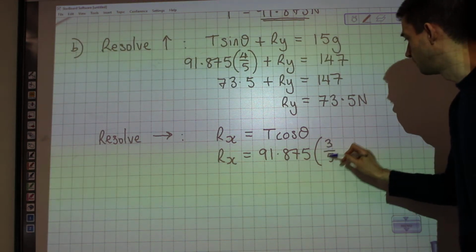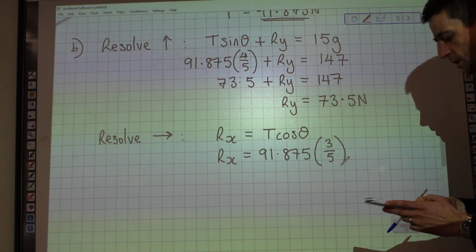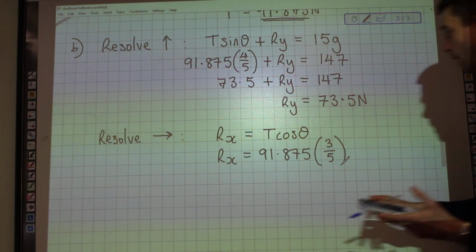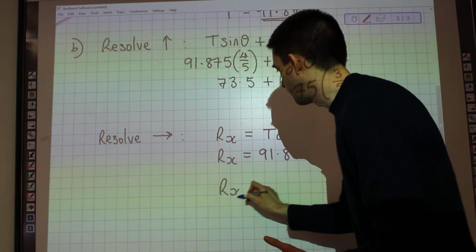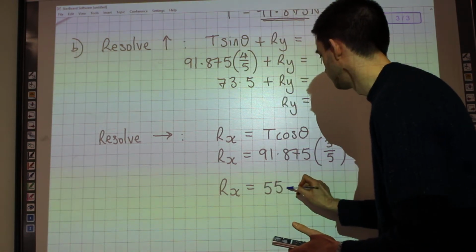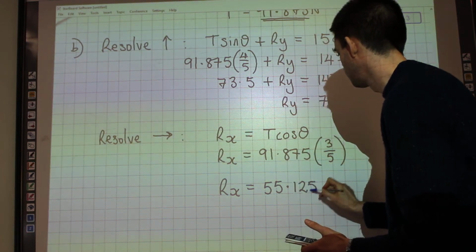So if I do 3/5 of 91.875, I get the reaction x, the horizontal component, to be 55.125.